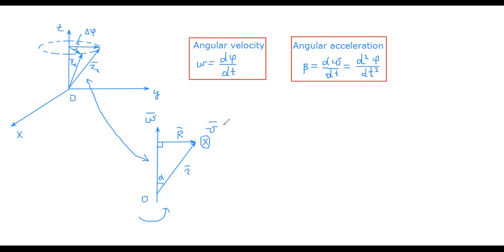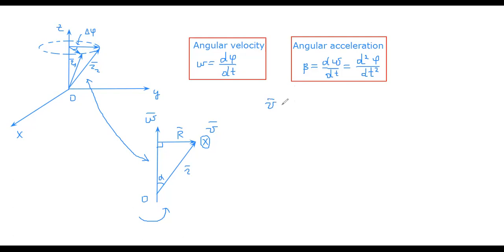So the vector of velocity is perpendicular to the screen, and the direction is from us to the screen. And so how can we connect velocity and angular velocity?